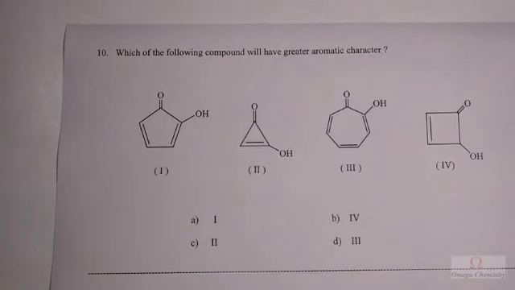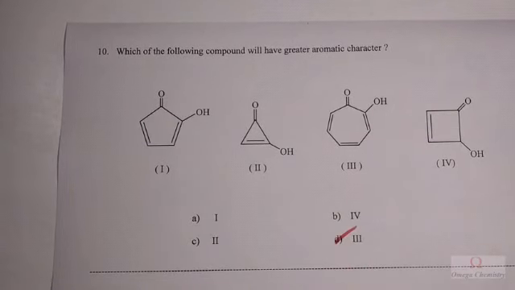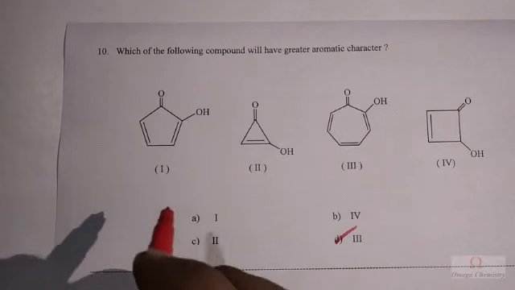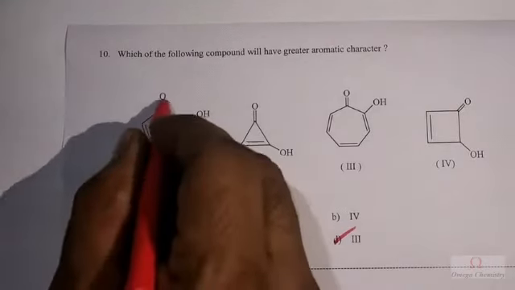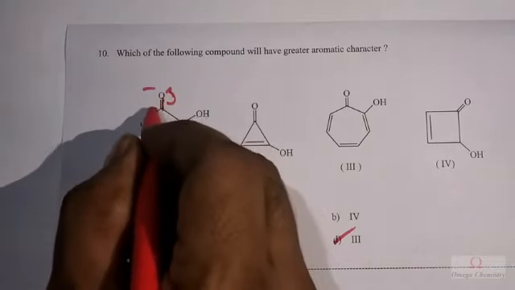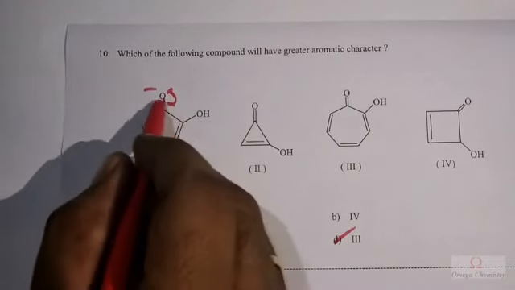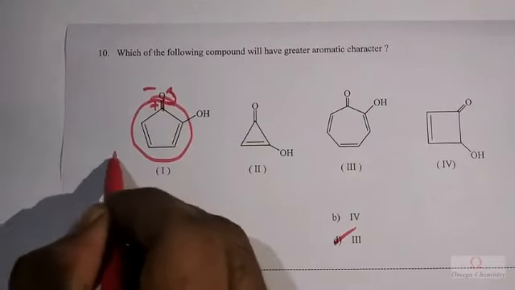Question number 10. Which of the following compounds will have greater aromatic character? Okay students, the right answer is option D. It is compound 3. Now after polarization, compound 1 will become anti-aromatic. See here, if this bond polarizes, then this will get negative, this will get positive, and the whole ring will become anti-aromatic.